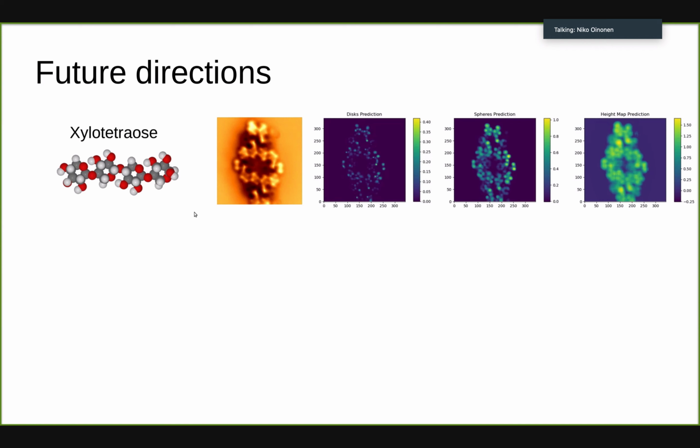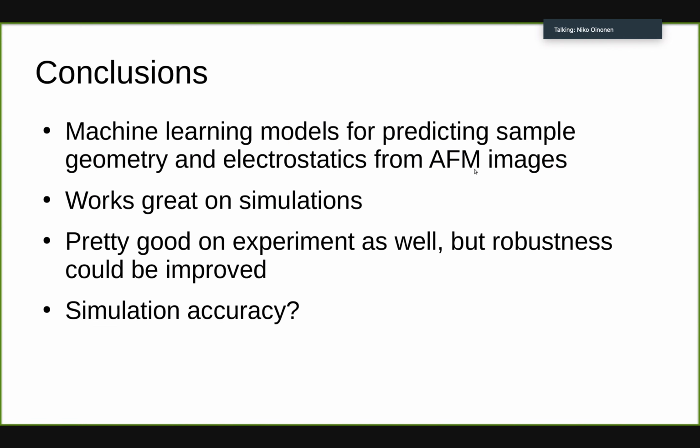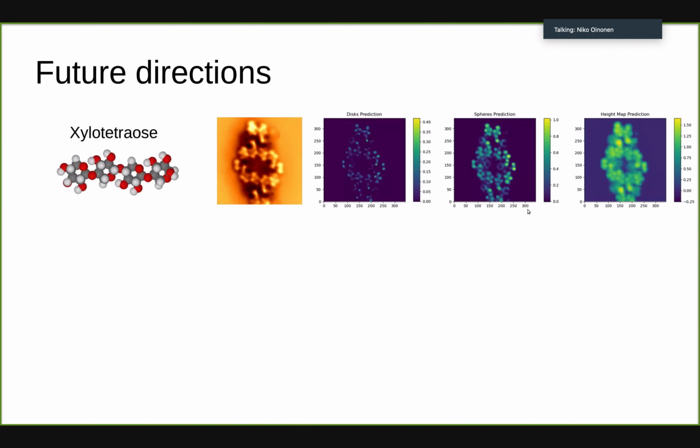So we have obtained some experimental AFM data for this xylotetraose molecule, which has a much more complicated structure, so it's a lot more difficult to decipher what we're actually looking at. So this is really interesting going forward.